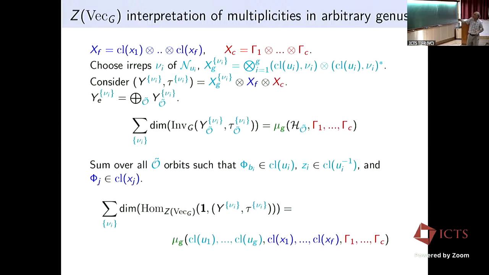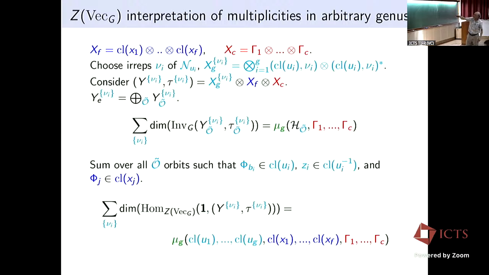You have objects that code the plaquette excitations, the charge excitations. Now come the handles, the genus part. What you have to do is to consider all possible objects in the Drinfeld center. I remembered something before: objects are represented by conjugacy classes and irreps of the normalizer of the corresponding element in the conjugacy class. And for each handle, you have a pair of the object and the dual object.